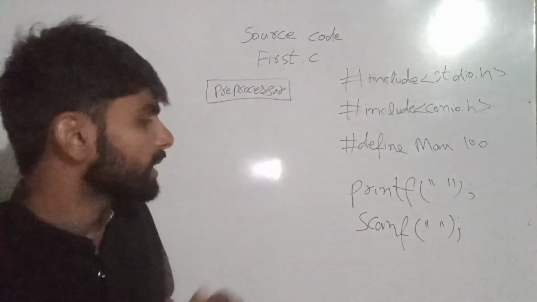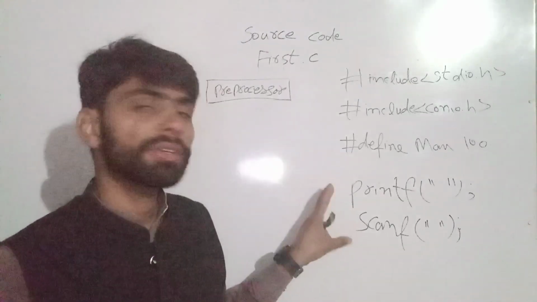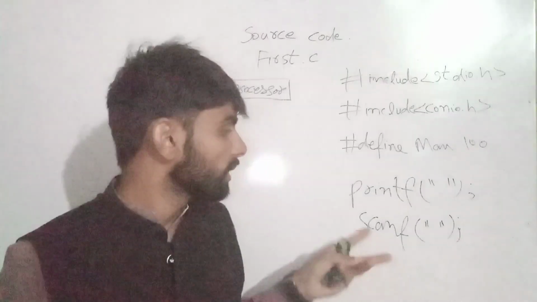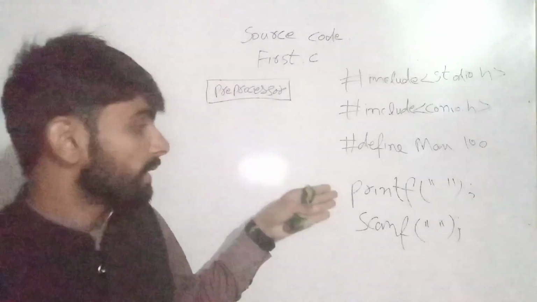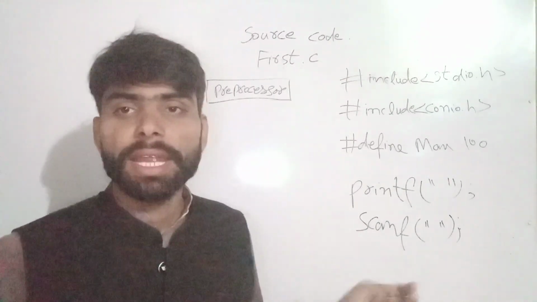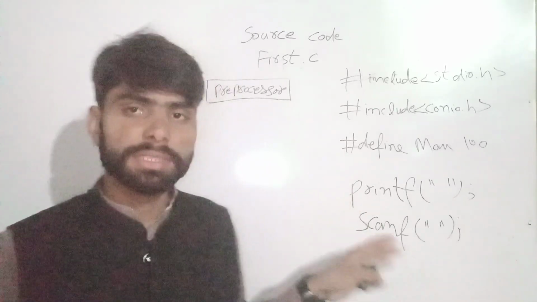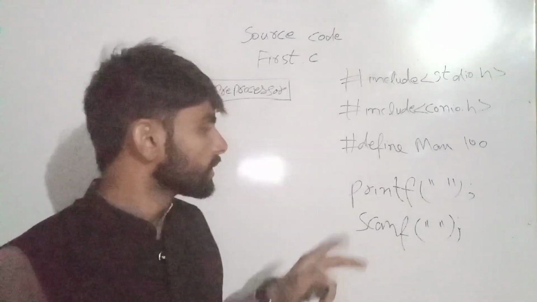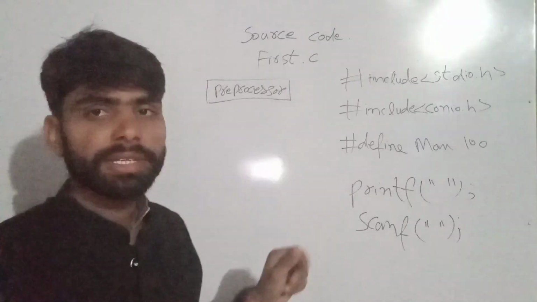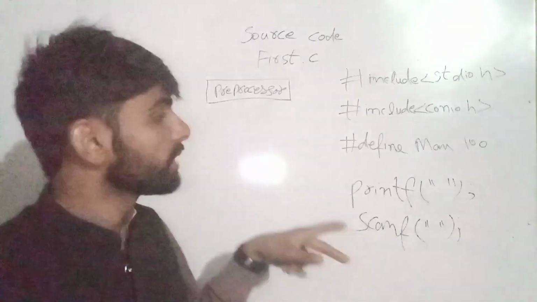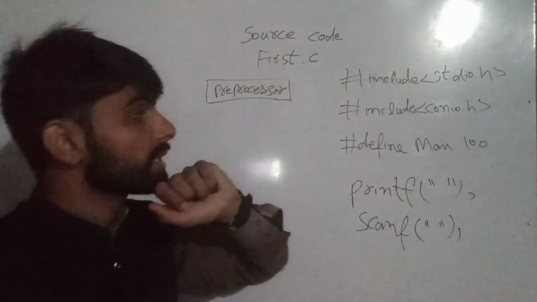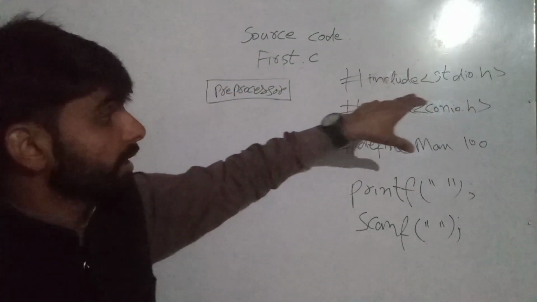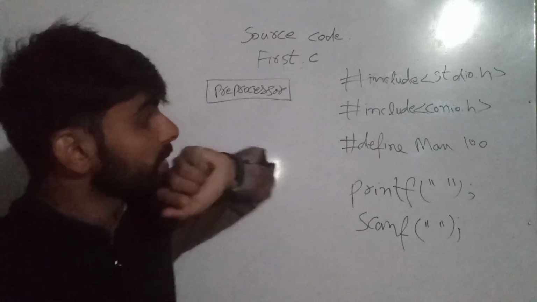The compiler doesn't understand the meaning of these lines, because the compiler doesn't know what printf and scanf and any other functions we use in our program are. Their definition and meaning are written in C library files, such as stdio.